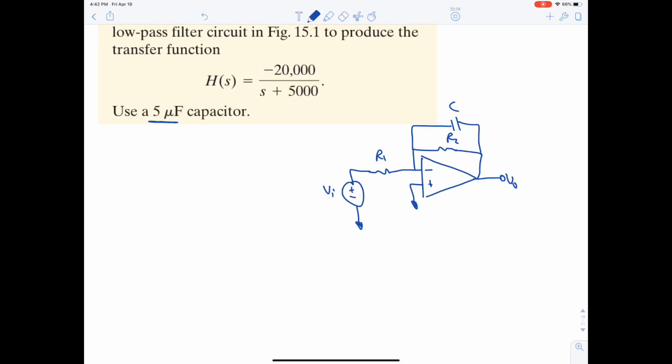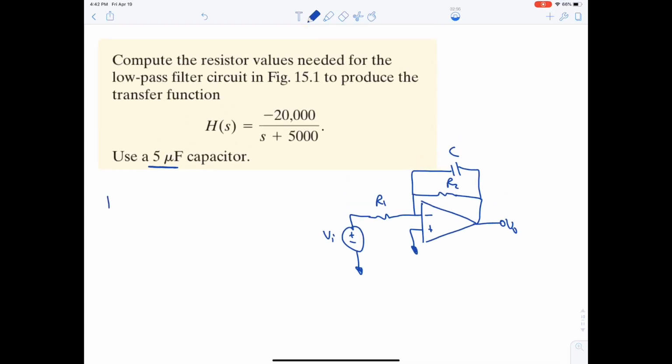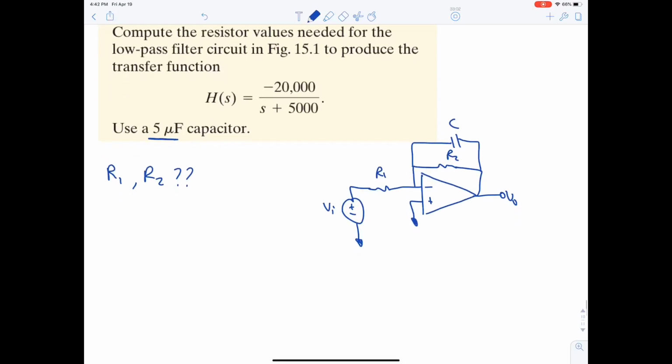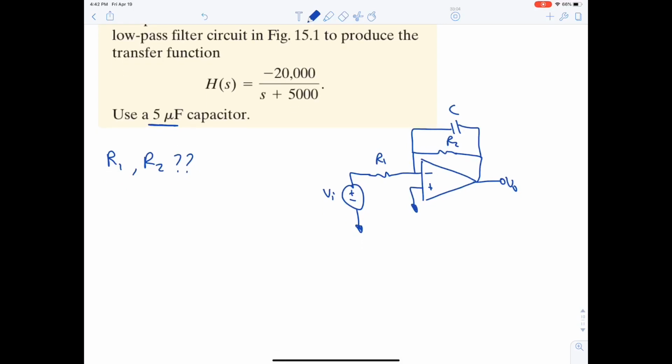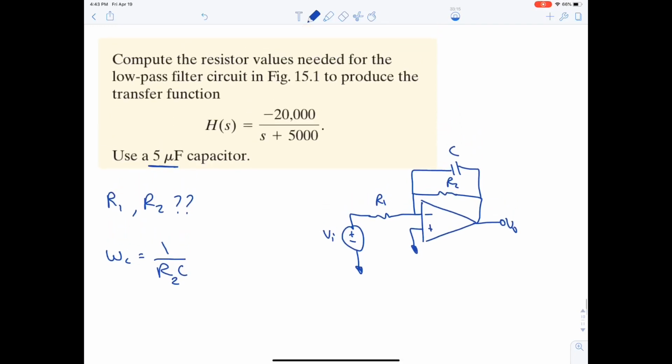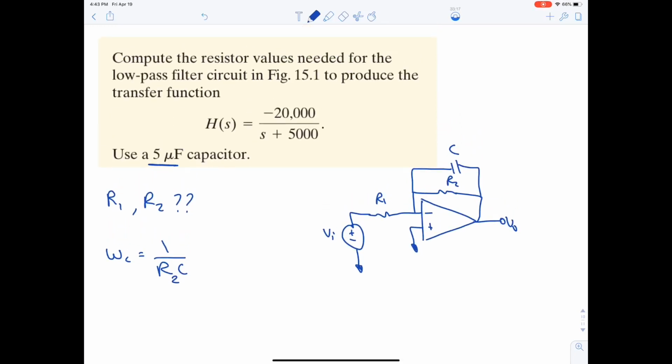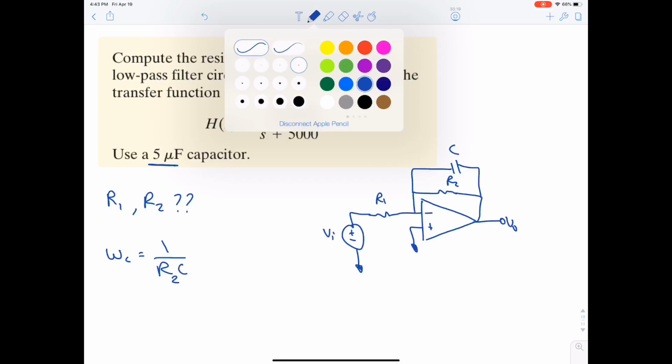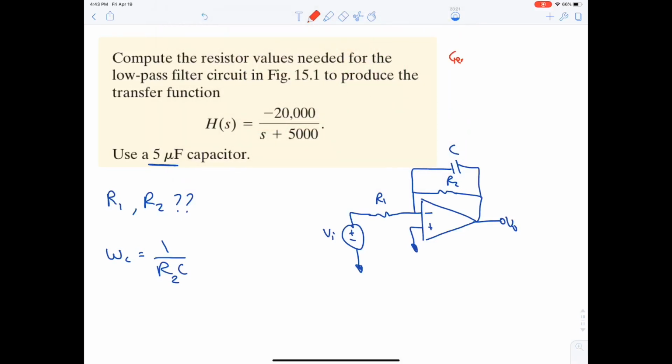Now we need to find what? We need to find R's. So we need to find R1 and R2. Now we know that omega C is equal to 1 over RC, and R is R2. Do we have omega C? We do have it, but in an indirect way. Let me first write the general equation.